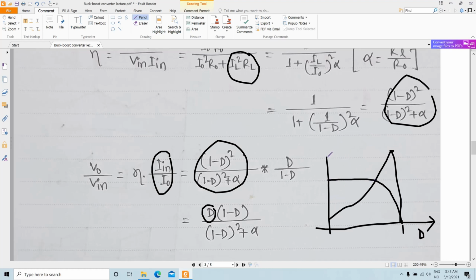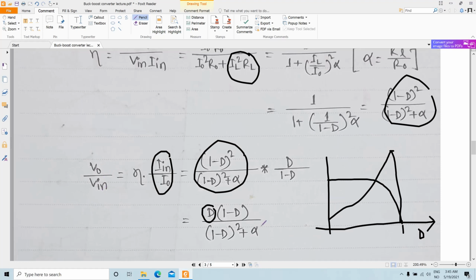So you can plot these things very simply. In MATLAB you can write a very simple script. You can take the value of D from, let's say, 0 to 1 with a spacing of maybe 0.1, so it can be 0, 0.1, 0.2 like this, and then you can write a script which will give you this V out by V in.